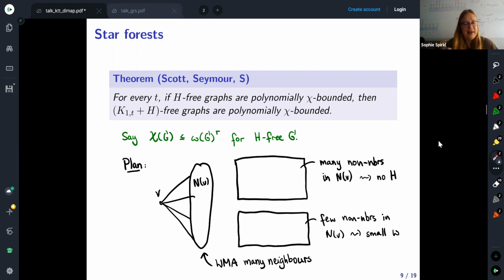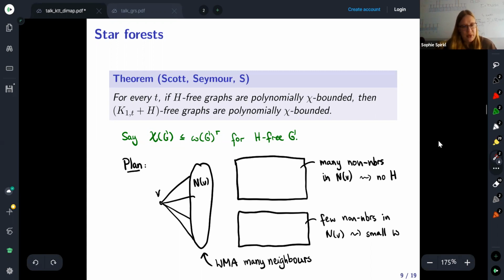And this slide contains the basic idea, and then I'll make it more precise on the next few slides. So we assume some chi-bounding function where I'm assuming it is of this form, which is not maybe entirely honest, but let's say for H-free graphs G prime.